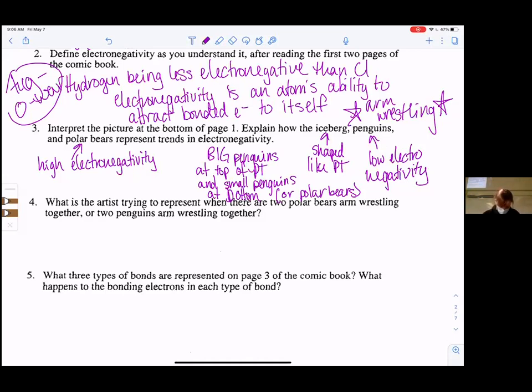So they're showing two atoms with very similar electronegativity.